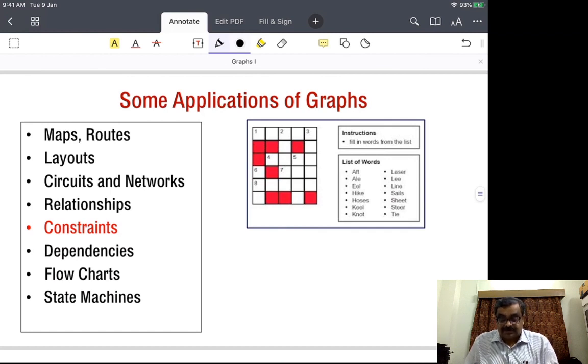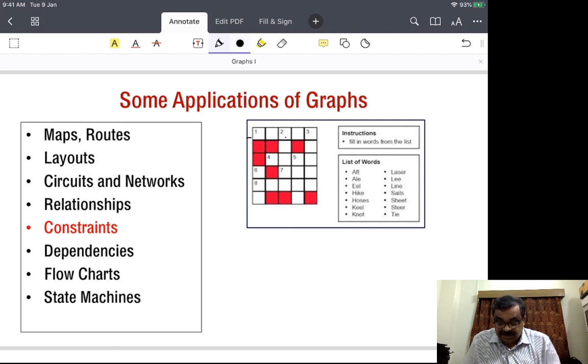This is a crossword puzzle. All of you who have seen crossword puzzles know that in crossword puzzles, we have the boxes like this. The red ones are marked as unknown, and we have to put in words. For example, one across and two down must have a constraint. One across and three down must match in the last letter of one across and the first letter of three down.